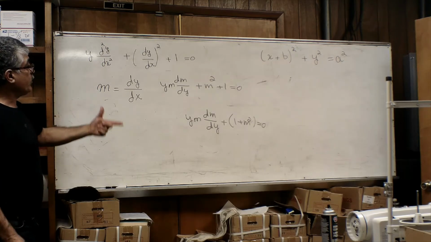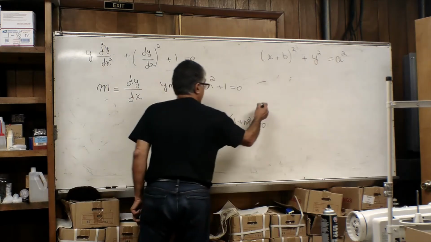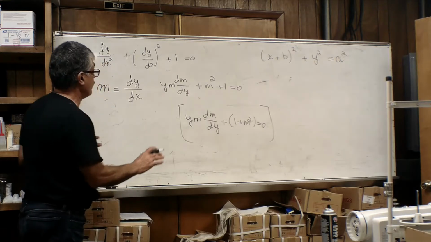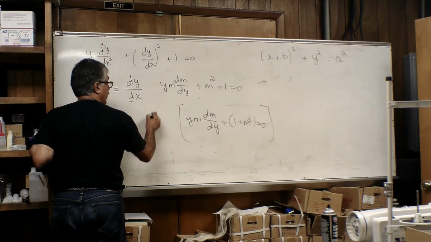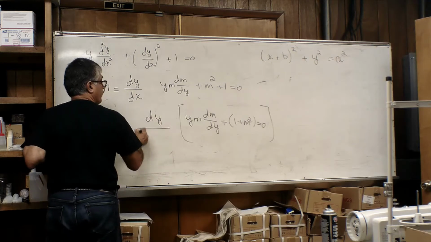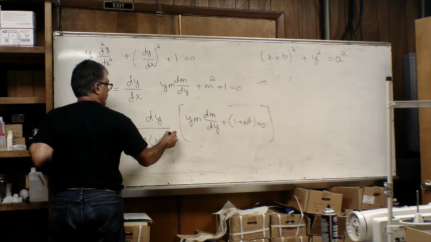Now let's multiply both sides of this equation by dy divided by y times 1 plus m squared.